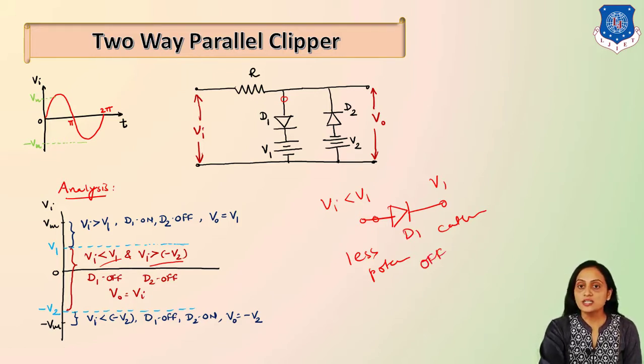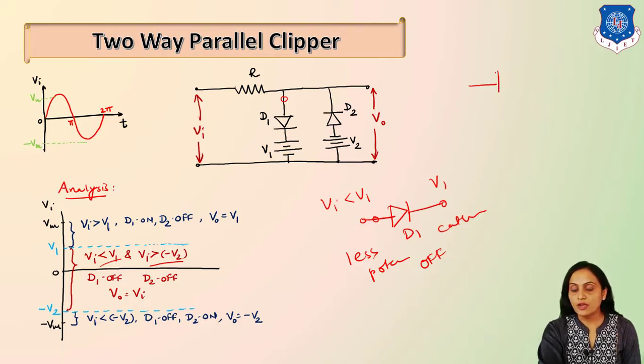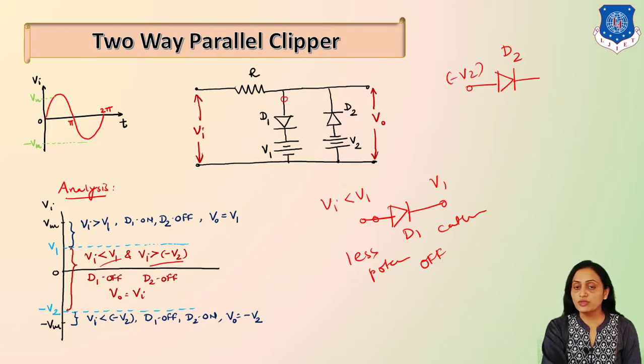Now let us consider diode D2. For example, this is diode D2, and at the anode of diode D2 we have voltage minus V2, because you will find over here the negative terminal of the battery is connected to the anode, that's why this is acting as minus V2.